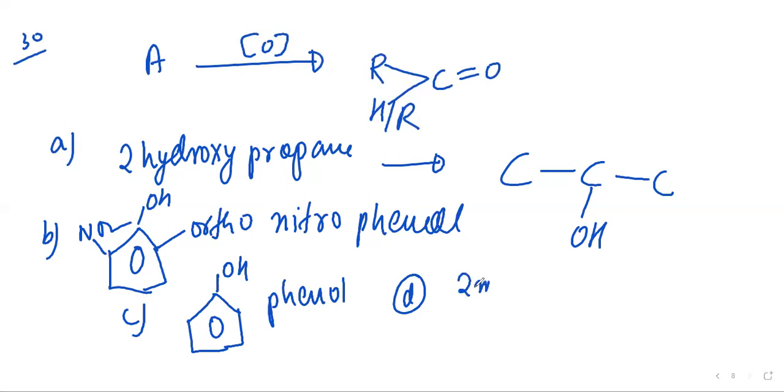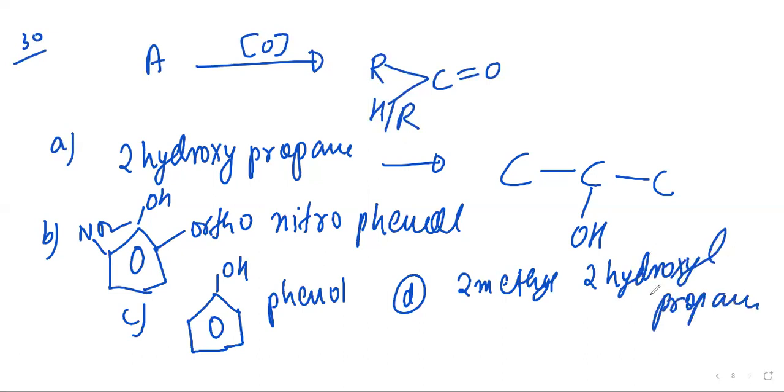Next option is D, that is 2-methyl-2-hydroxypropane. For propane, meth, eth, prop. The second group is CH3 and this is your 2-hydroxy. So we have taken this compound. Why is it a 2-degree alcohol now?